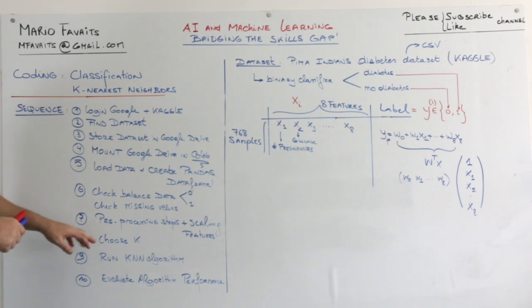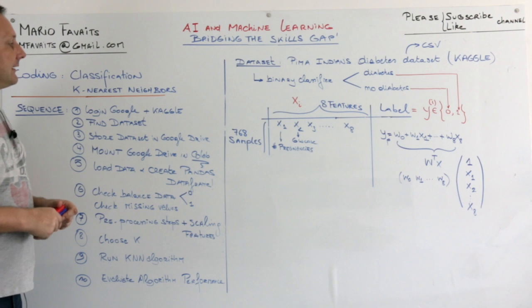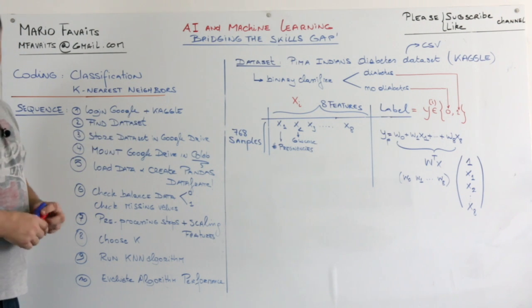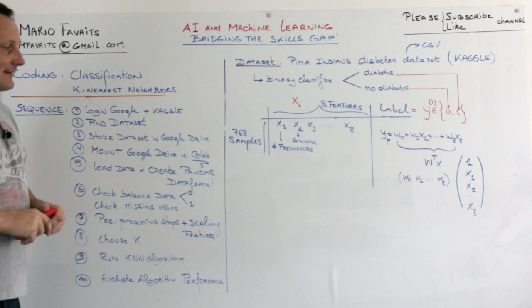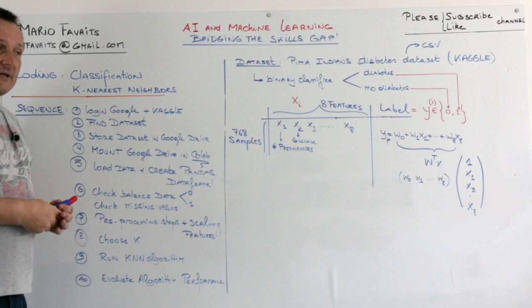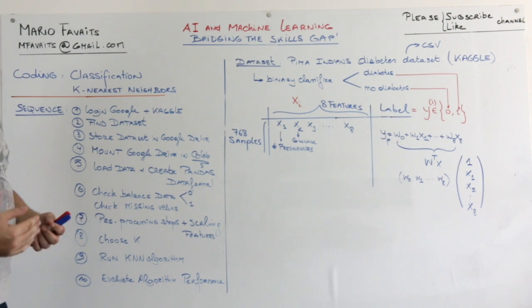Then we're going to choose k. I explained that for k-nearest neighbors, k is a hyperparameter that you as a data scientist must choose. If k is too small, you risk being subjected to noise. If k is too large, you risk taking points of the other class.